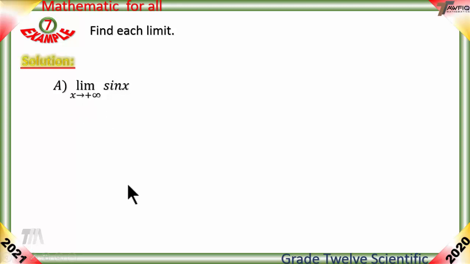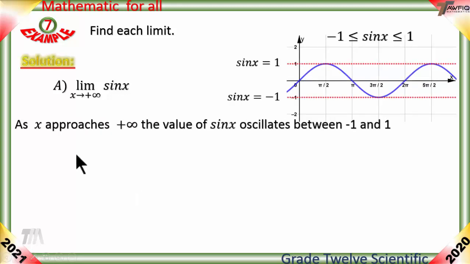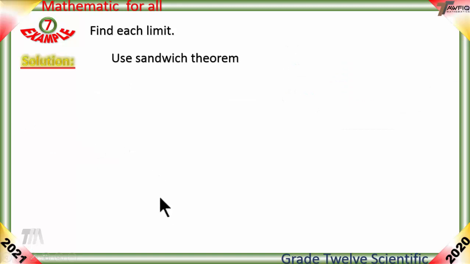That means this limit does not exist. As x approaches positive infinity, the value of sine oscillates between minus 1 and 1. Thus, the limit of x approaching positive infinity for sine x does not exist.